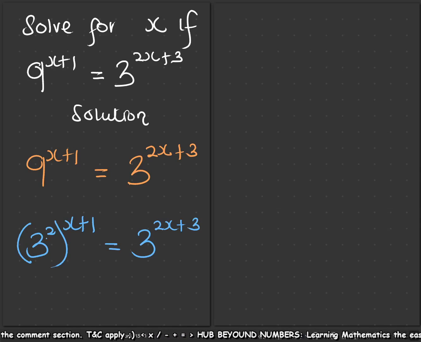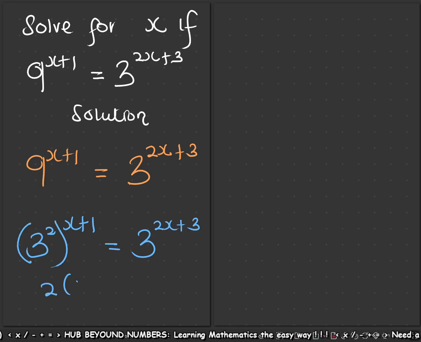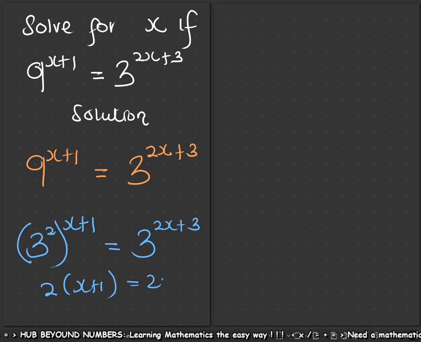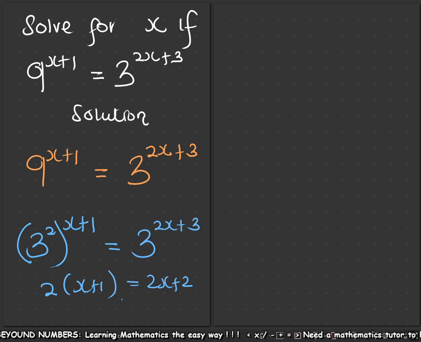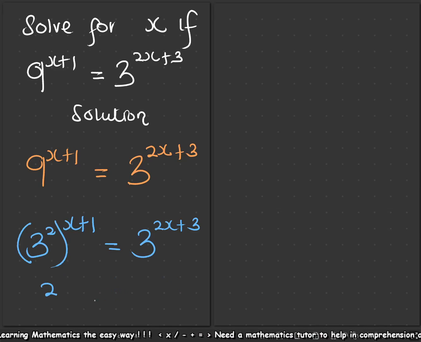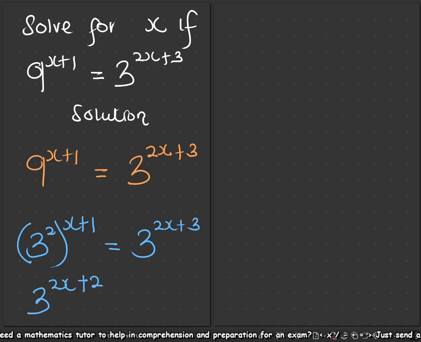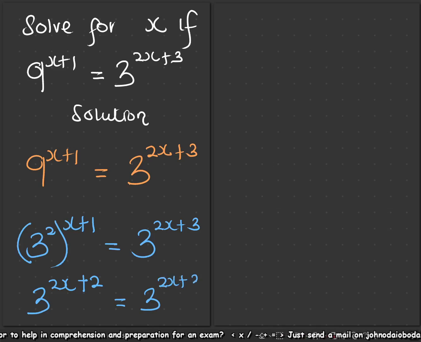If you look at it carefully, this is going to multiply, so that we have 2 into bracket x plus 1, which gives us 2x plus 2 as the new index. So we have 3, then 2 times x, which gives us 2x, and then 2 times 1, which gives a positive 2, is equal to 3 raised to the power 2x plus 3.